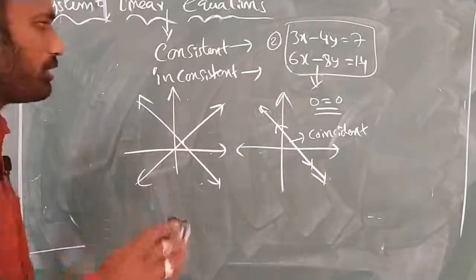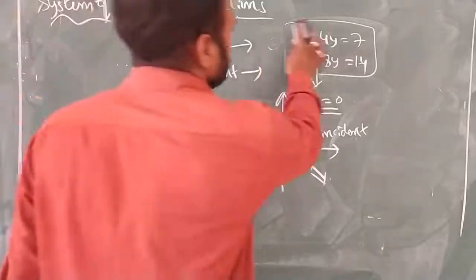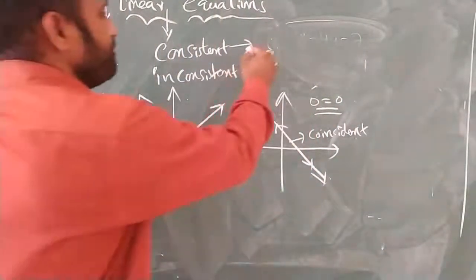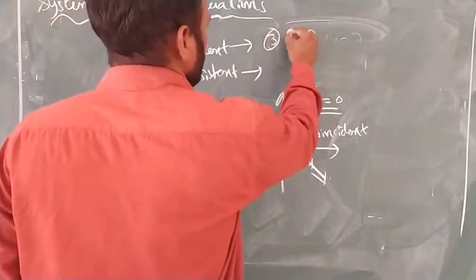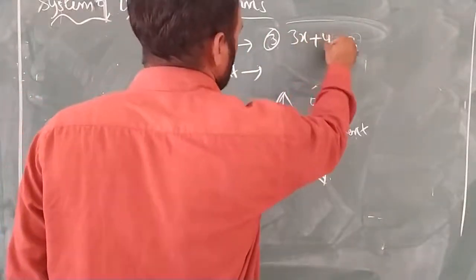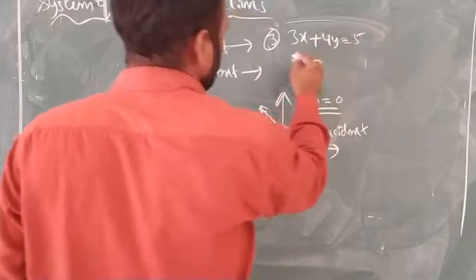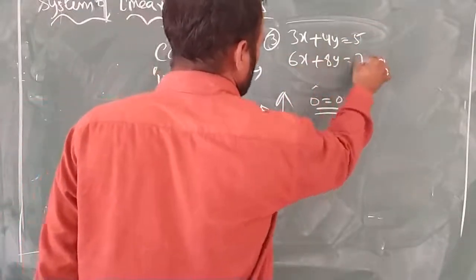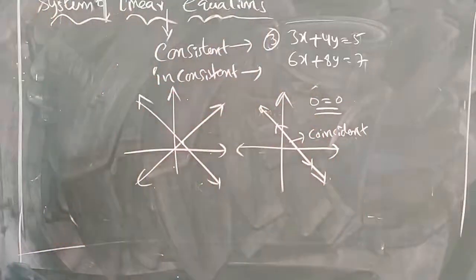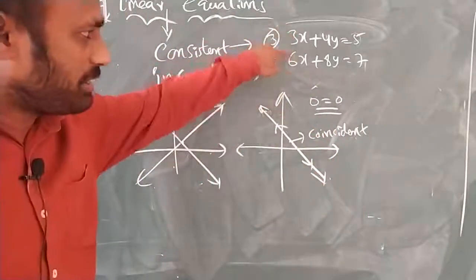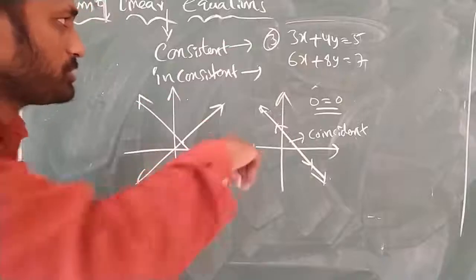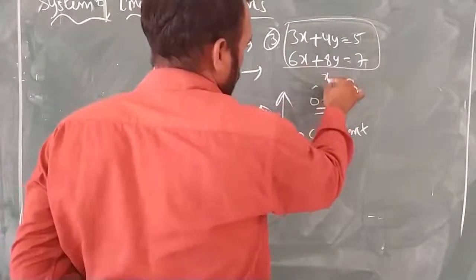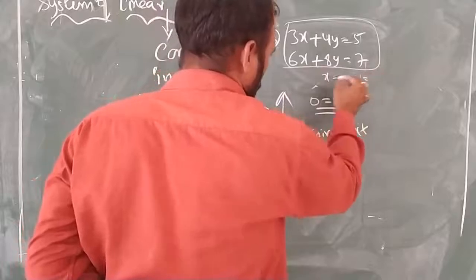Next, let us talk about inconsistent. So let us take a linear equation: 3x plus 4y equals 5, and 6x plus 8y equals 7. If you observe these two linear equations, after solving them, we will get x value and y value, no doubt about that.